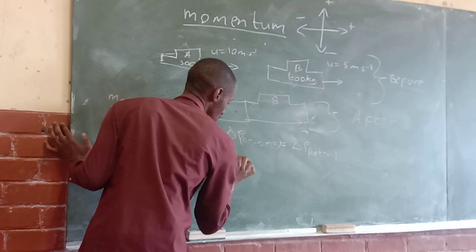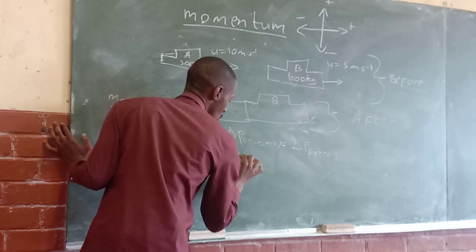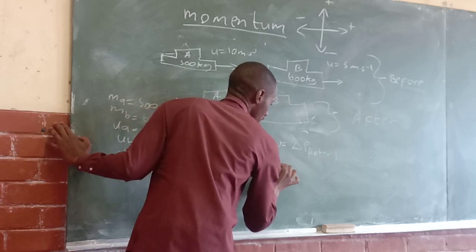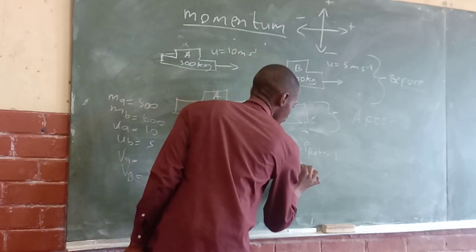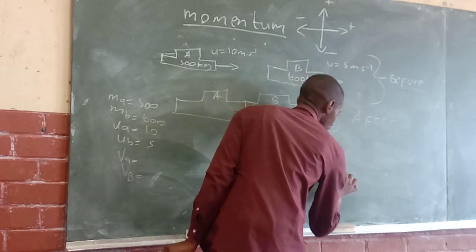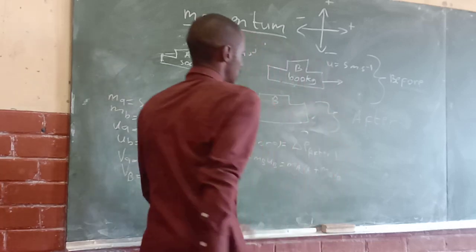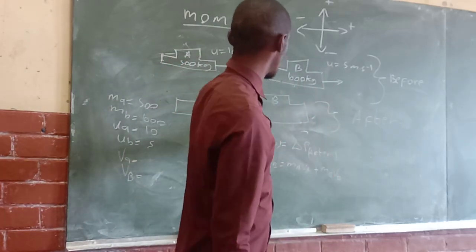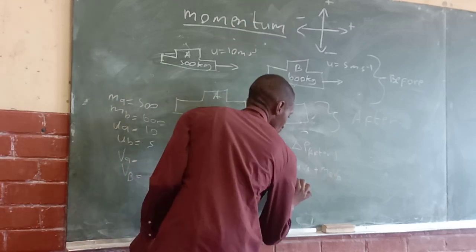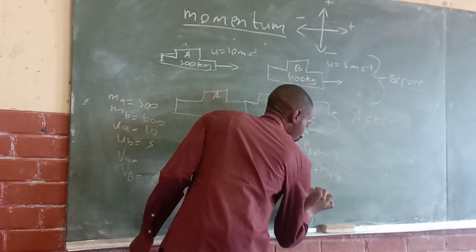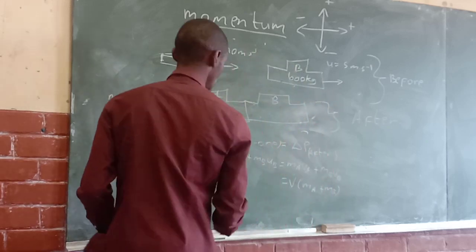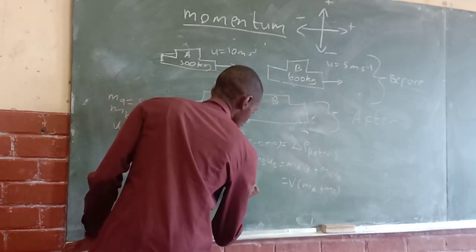So our formula will be mA uA plus mB uB equals mA vA plus mB vB. But since after the collision the cars have joined, I can change this formula. Instead, I write one velocity v, and there will be the mass of car A plus the mass of car B. And here, everything remains the same.